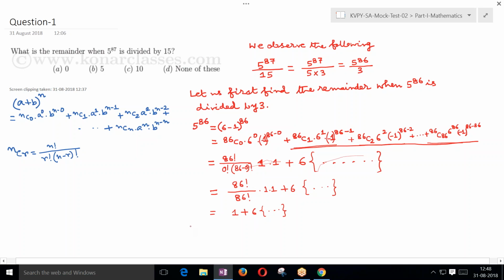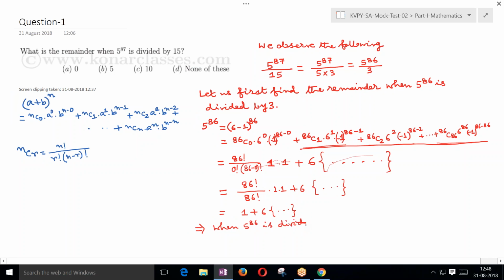So that shows that when 5 power 86 is divided by 3, the remainder is 1.